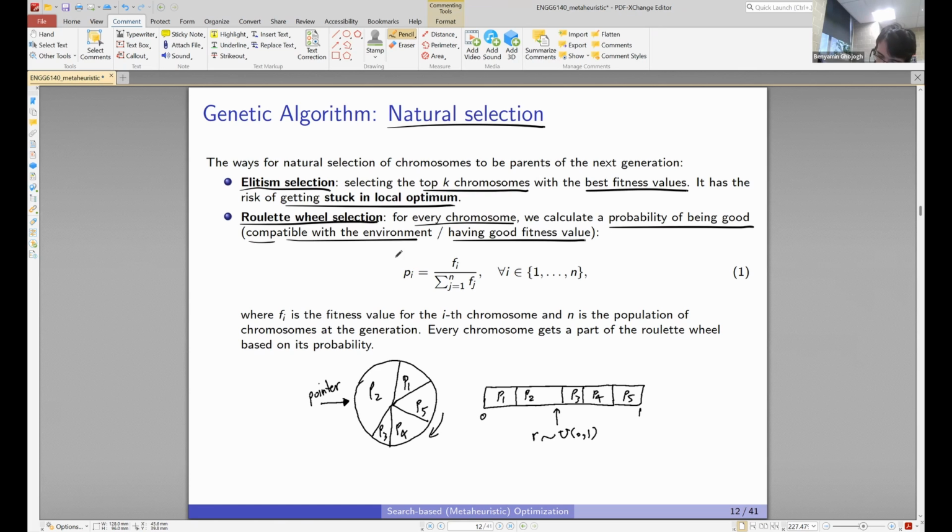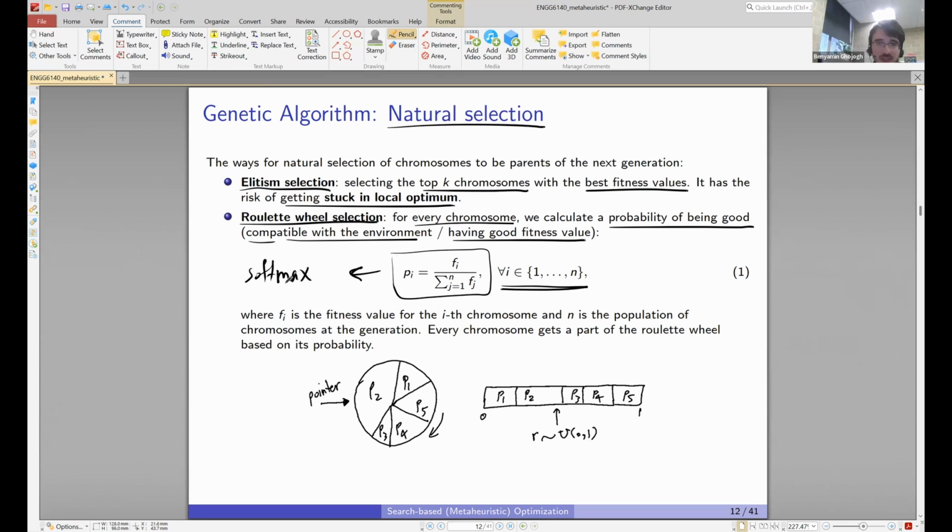For every candidate solution or every chromosome 1 to n, we calculate the probability of the ith chromosome to be pi as fi, where fi is f of xi. It means that the fitness value for the ith chromosome, fi over summation of fj's, j from 1 to n, right?